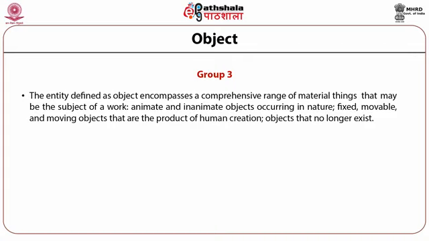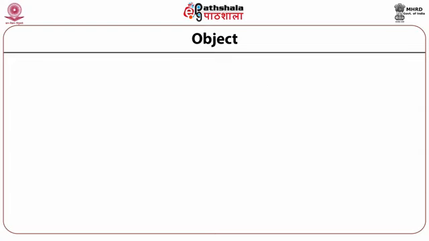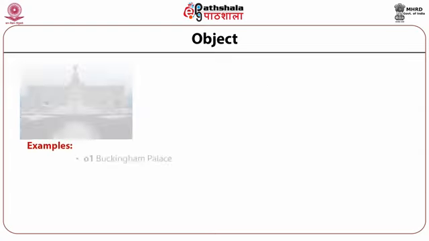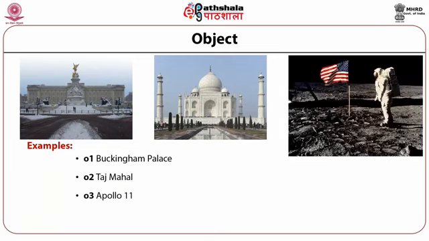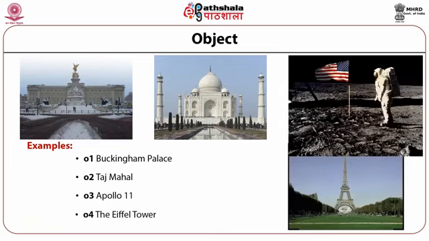Objects, both occurring in nature, whether fixed, movable, and moving, and objects that are the product of human creation. Objects that also no longer exist. The very famous examples are Buckingham Palace, Taj Mahal, Apollo 11, the Eiffel Tower.